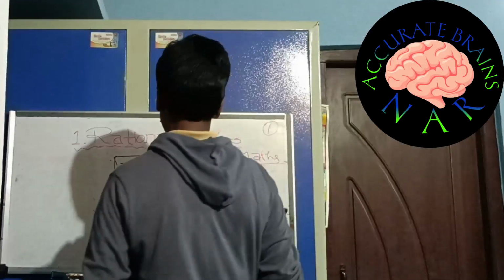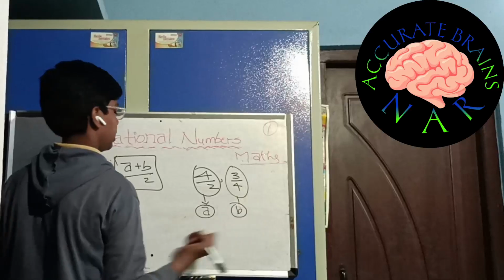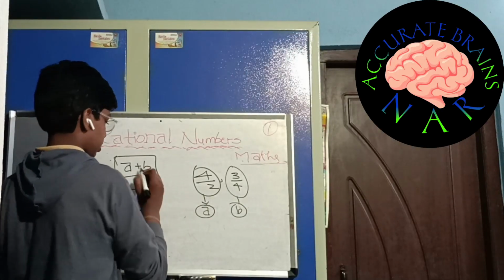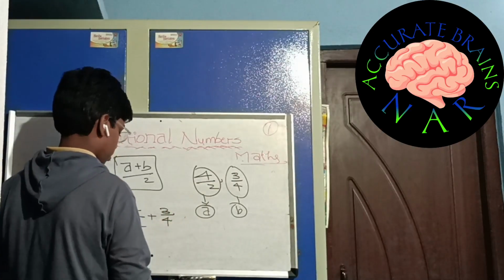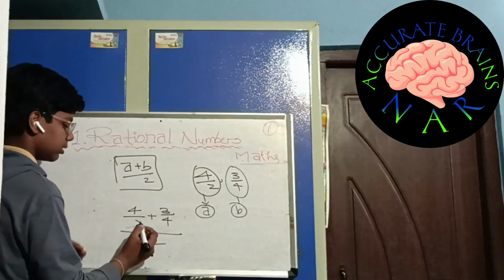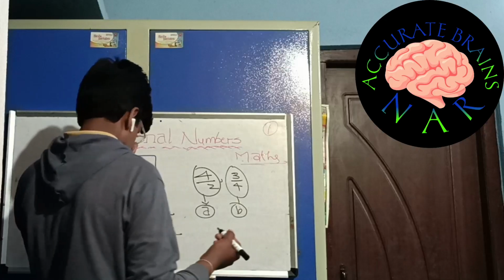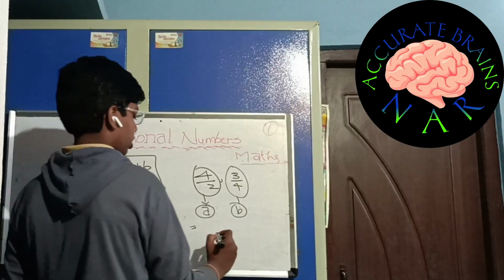So here I will substitute the values. This is A, this is B, so A is 4/2 plus B, 3/4, divided by 2, right? Okay, if we take the LCM of 2 and 4, we get 4.